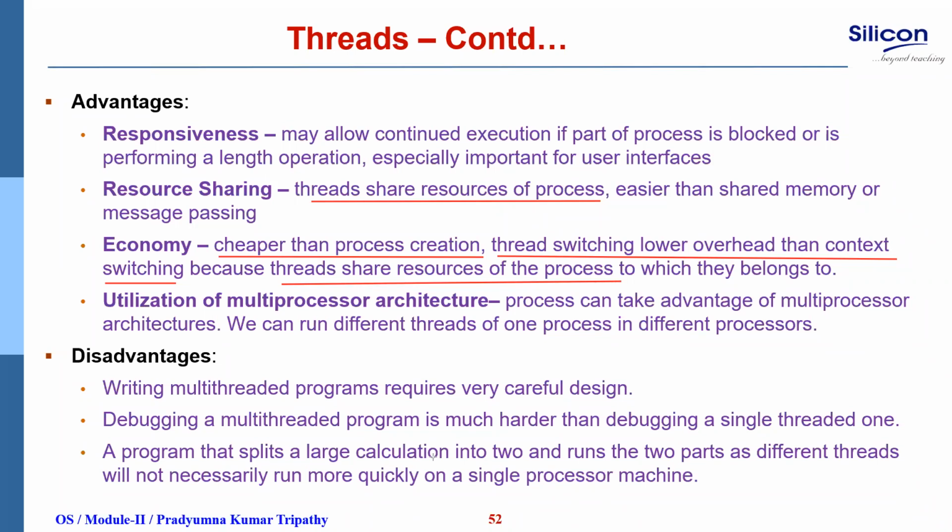I can assign the threads so that they run on multiple processors in parallel. The process can take advantage of multiprocessor architecture. We can run different threads of one process on different processors at the same time.